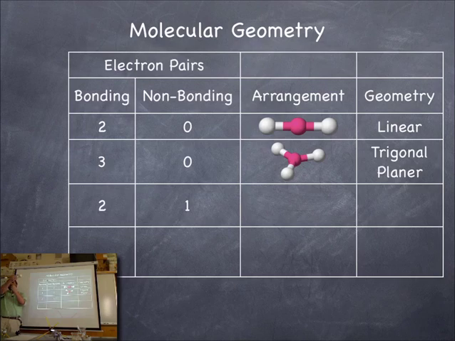The molecule is named based on the atoms. Okay? So I have this lone pair of electrons on the top, right? So the shape, those don't count in naming the shape. They drive the shape and they're important in the shape, but they're not named as part of the shape. So we're going to call this bent or V-shaped.